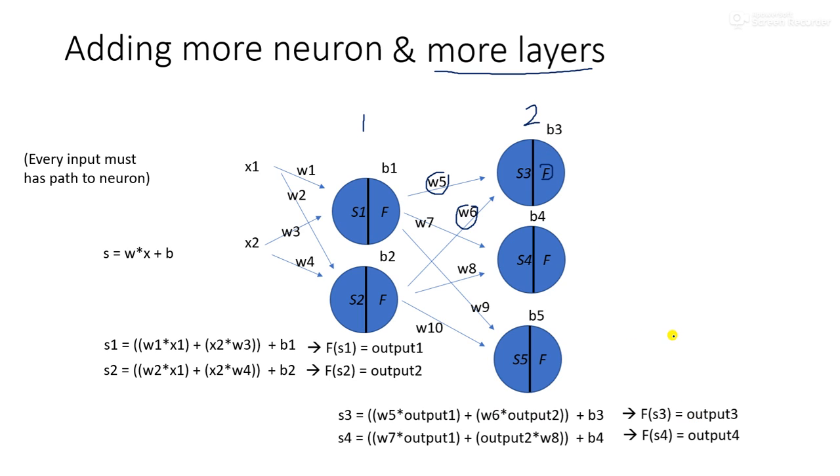The same for S4: W7 multiplied by output 1 and W8 multiplied by output 2. You sum together, plus B4, and you get output 4.